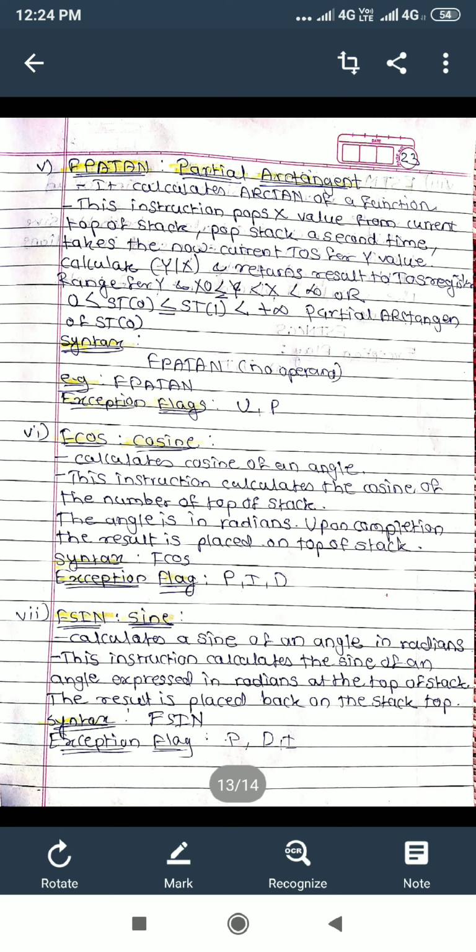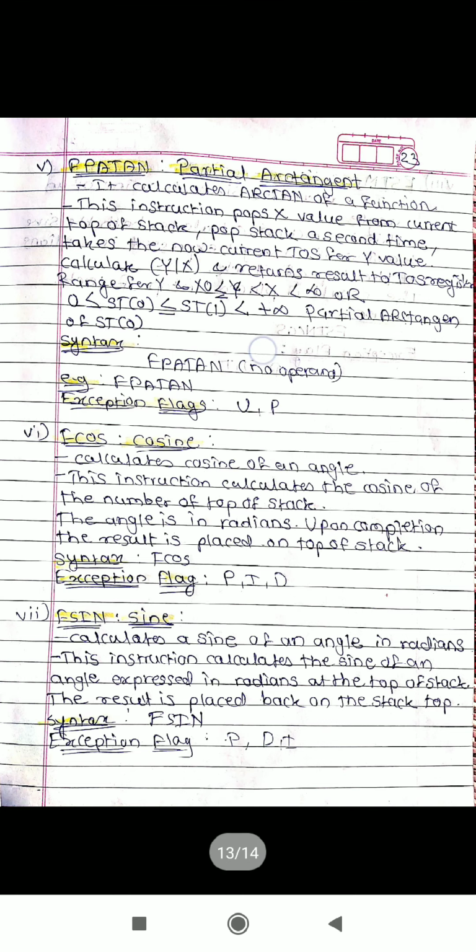This instruction pops the x value from the current top of the stack and pops the stack a second time, taking the now current top of the stack for the y value. Again, this calculates the value y by x and returns the result to the top of the stack register.